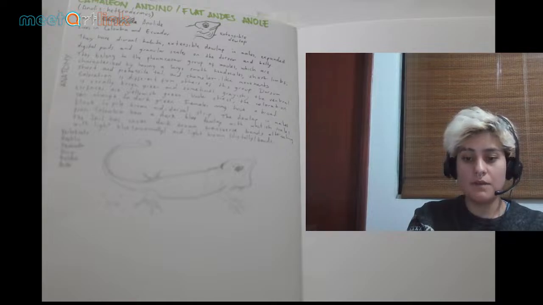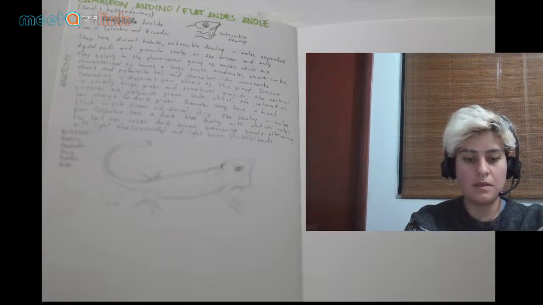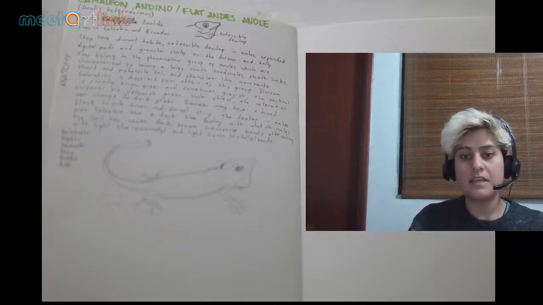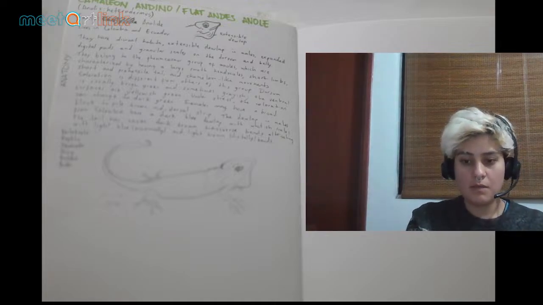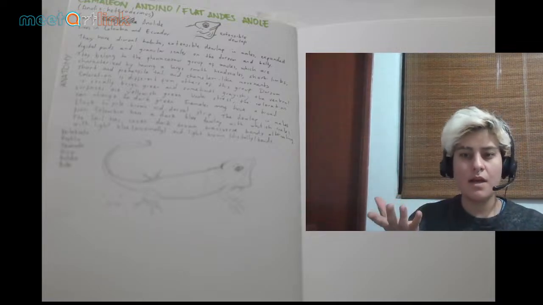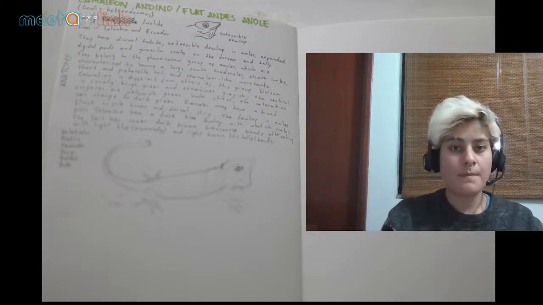One of the things I found is that there's a difference between the female and the male in this species. This is a phenomenon that we call sexual dimorphism, which means just that the male is going to have different anatomical characteristics to the female.